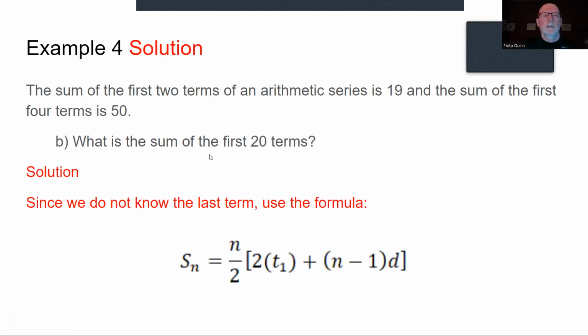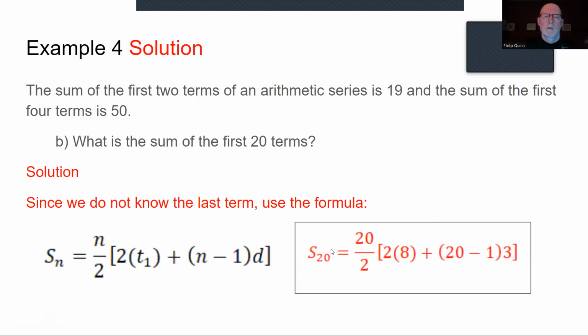Second part was, what is the sum of the first 20 terms? Well, since we do not know the last term, we're going to use this formula. So we want the sum of 20 terms. That would tell us that we need 20 divided by 2, in brackets, 2 times the first term, which is 8, plus n minus 1, or 20 minus 1, times the common difference of 3.